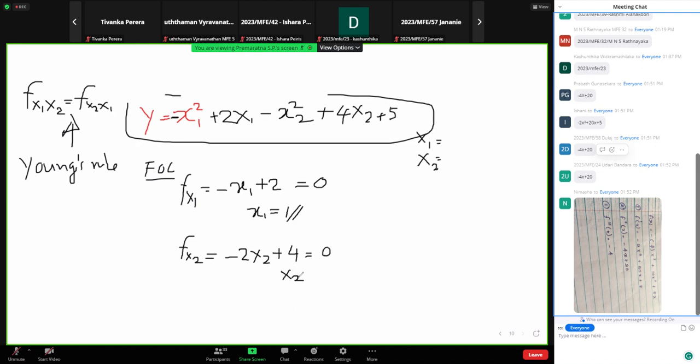For x2, you get the optimal point at 2. For the profit maximum outcome, or the optimal value, we get x1 equals 1 and the other, x2, equals 2.